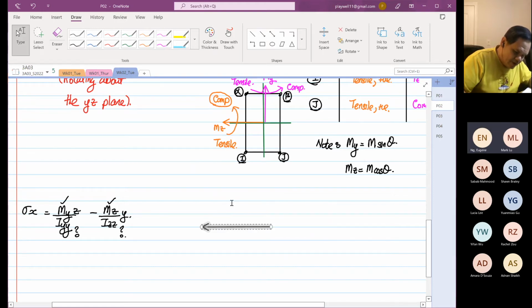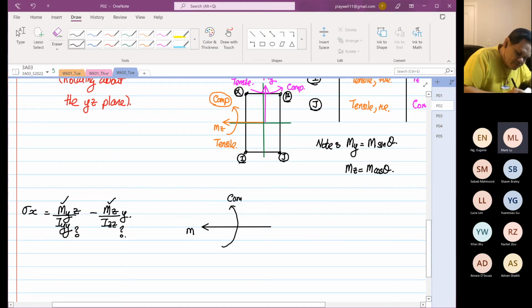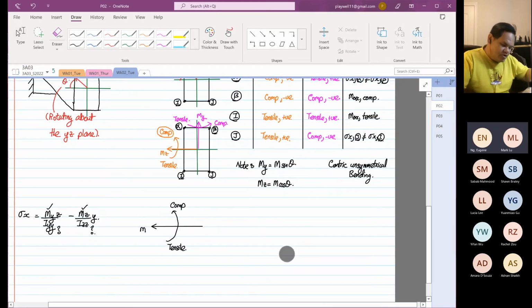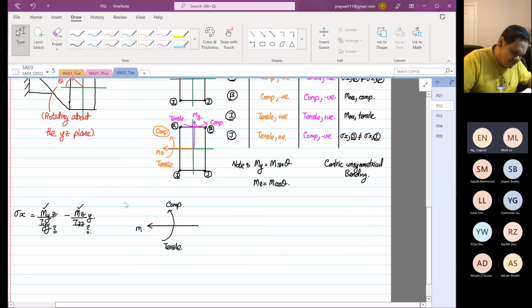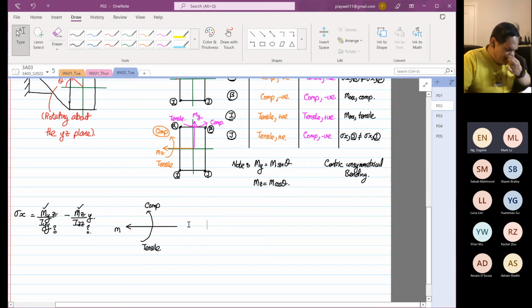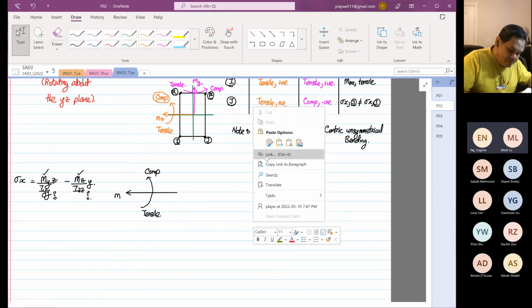So when you apply the moment over here, using your right hand rule, this is compression and this is tensile. If you are not sure, I always tell students you can draw this on a piece of paper and then rotate your paper.